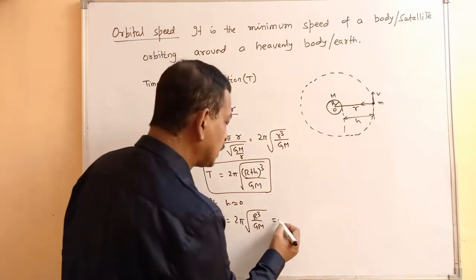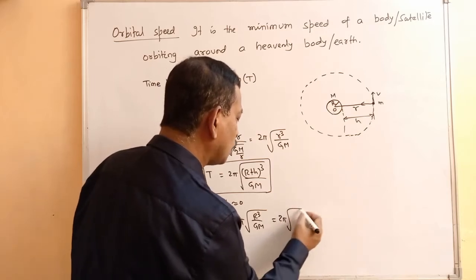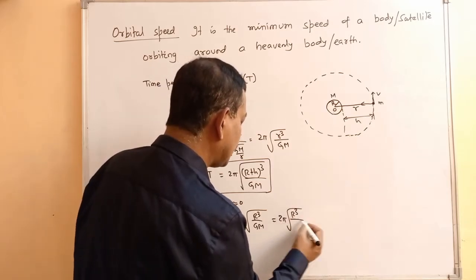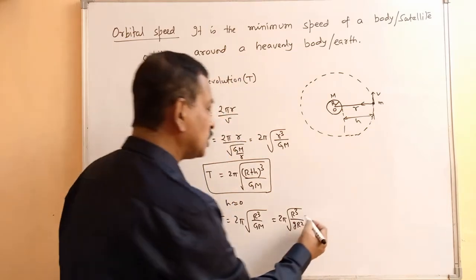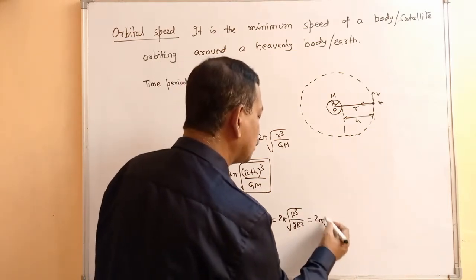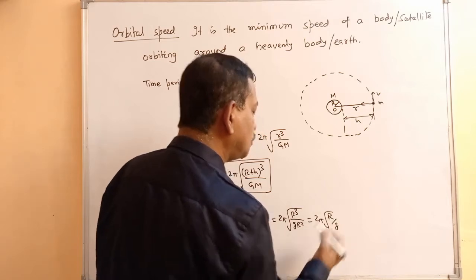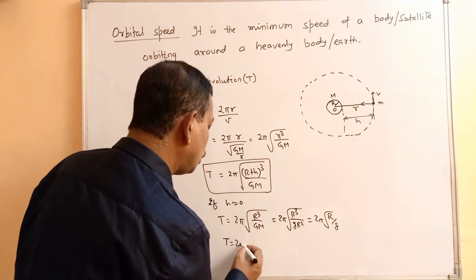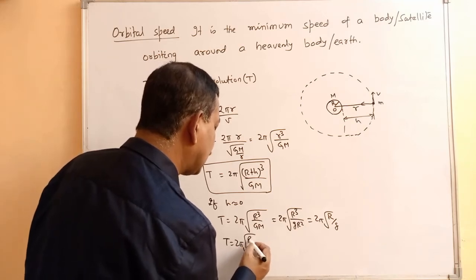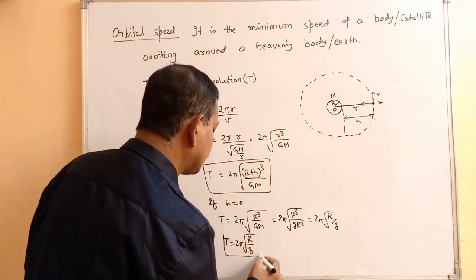and this is equal to 2 pi root over r cube. GM we can write as g r square. So this is equal to 2 pi root over r by g. So this is the time period of revolution of the satellite very close to the surface of earth.